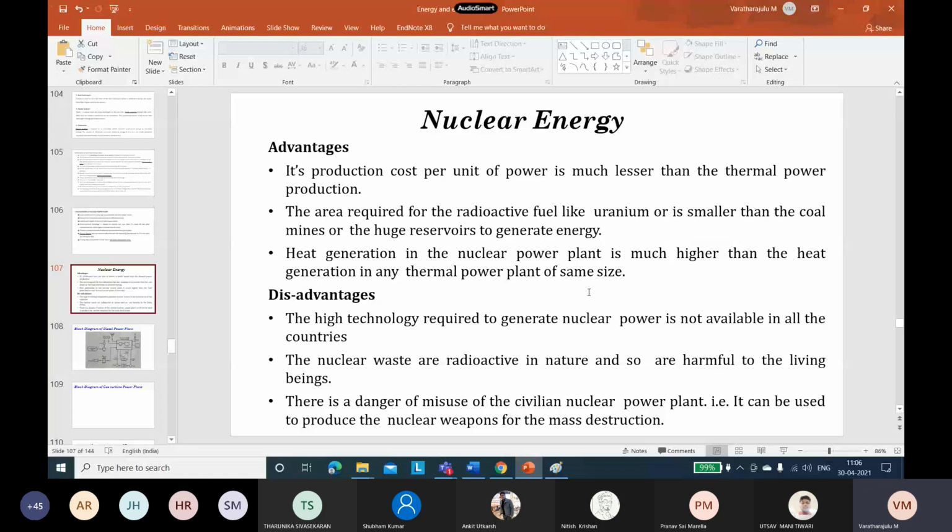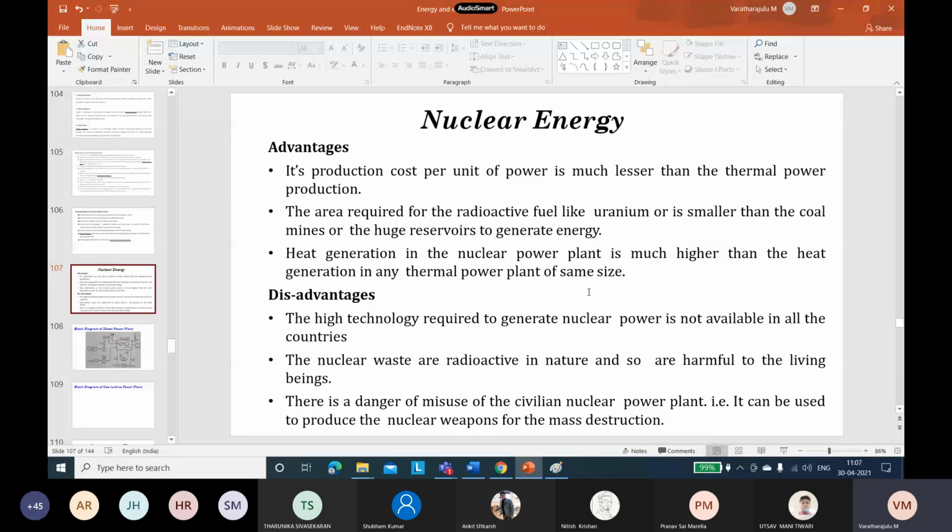On varying load, the nuclear plant is not suited for varying load conditions. The loading should be constant, and it requires skilled and well-trained professionals. It is necessary to control the chain reaction, and the initial cost is high. The maintenance is also high, and these are all the things related to the nuclear power plant.